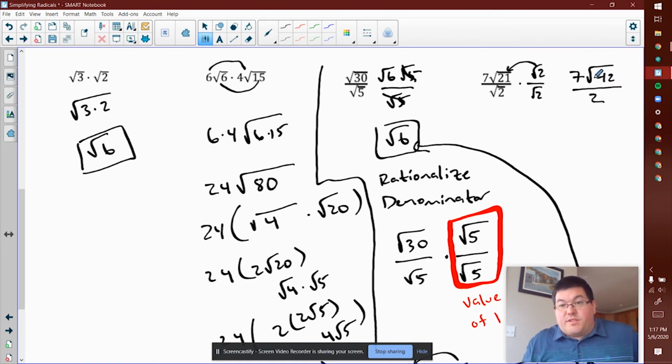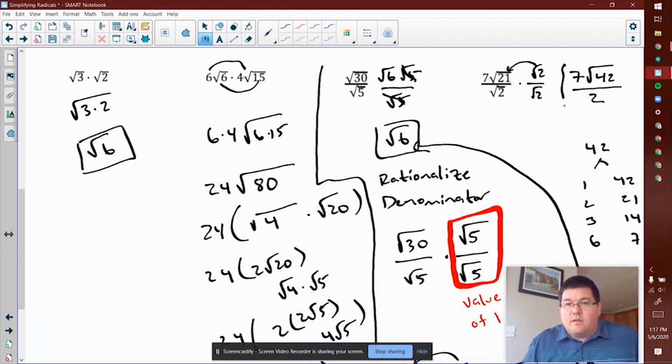Does 42 possess any perfect squares? 42 is 1 and 42, it's 2 and 21, it's 3 times 14, it's 6 times 7. Looks to me like no perfect squares exist. That's as simple as it gets.